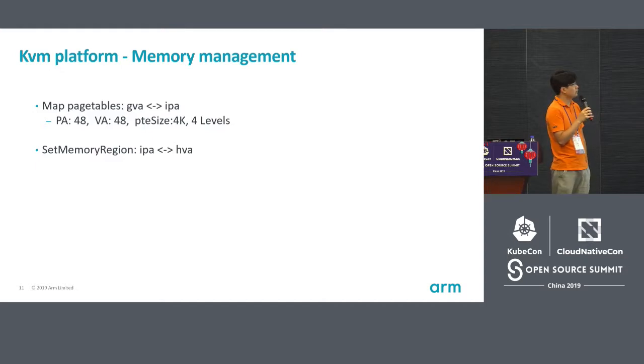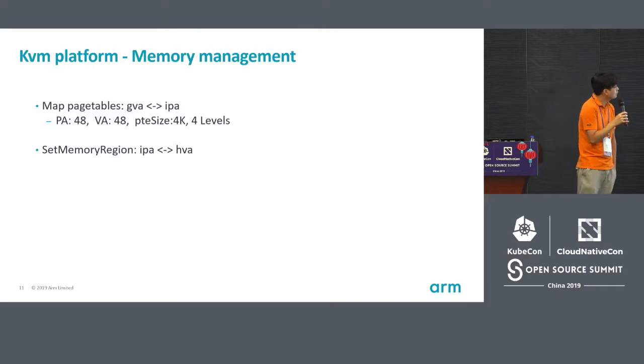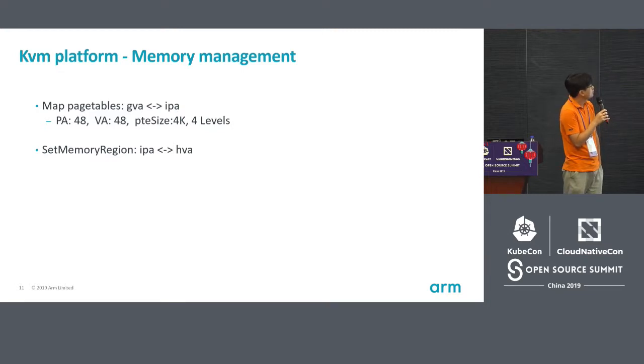It involves GVA and IPA's mapping. The second step is IPA and HVA's mapping. These two mapping relationships will be fixed during initialization.